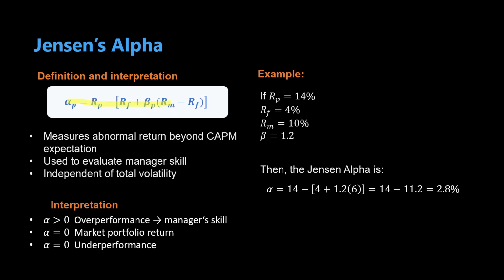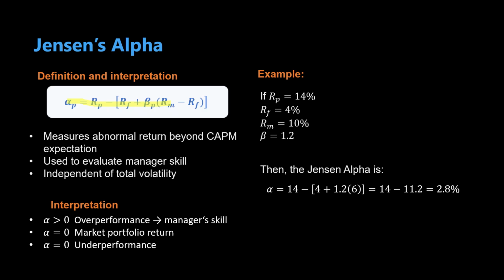If alpha is positive, the manager delivers returns above and beyond what systematic risk exposure would explain. That excess value is interpreted as manager skill. Consider the example here.